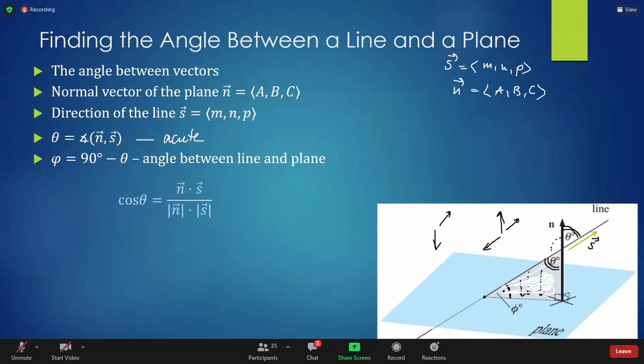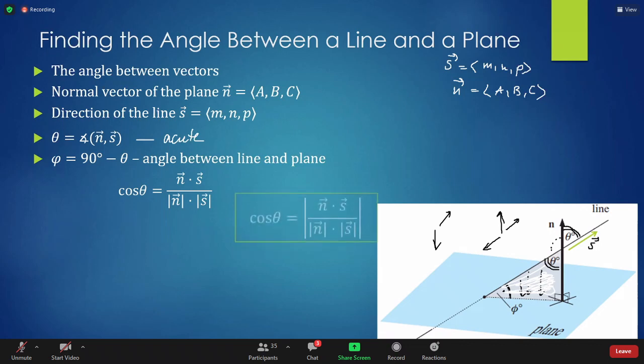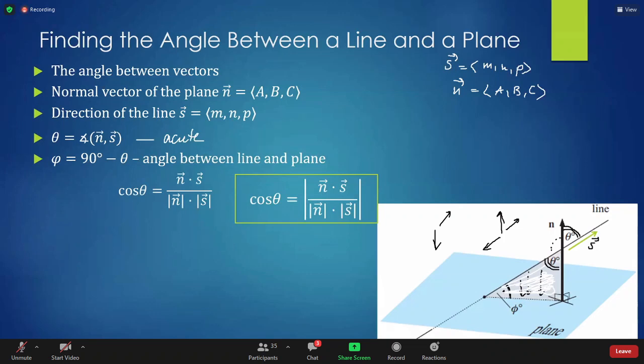So the cosine of that angle would be this. However, remember that cosine tends to be negative sometimes. To get the acute angle, the cosine has to be positive. So if necessary, we take the absolute value, something that you theoretically knew, but you lost it completely in the unit test about vectors.